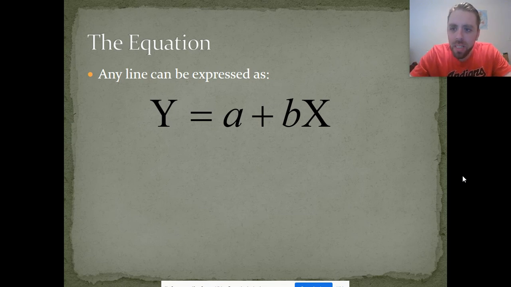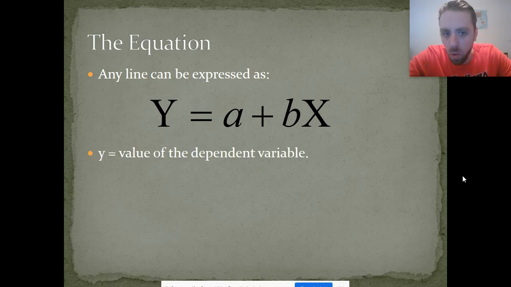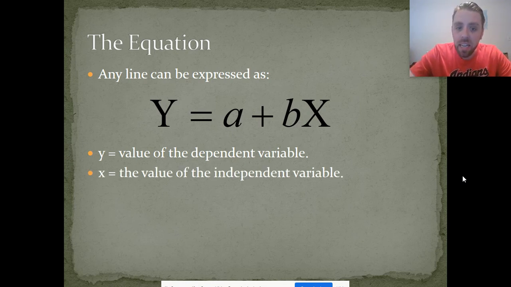So what are the components of the equation here? We have four letters, all corresponding to something different. Y will be the value of the dependent variable, the thing that's being affected by something else. And if y is the dependent variable, I think you see where this is going. What is x? Let x stand for the value of the independent variable, the thing that is doing the affecting on something else.